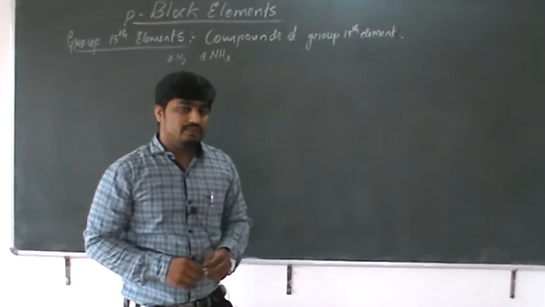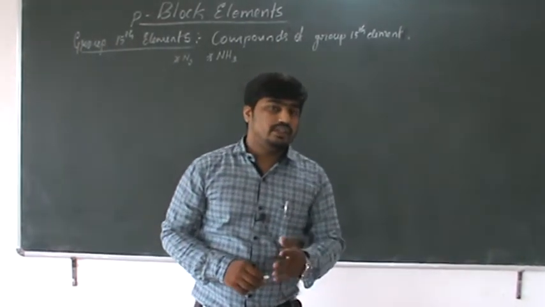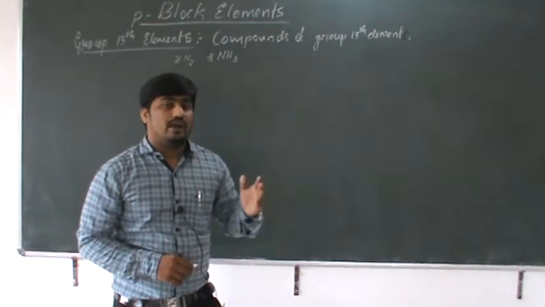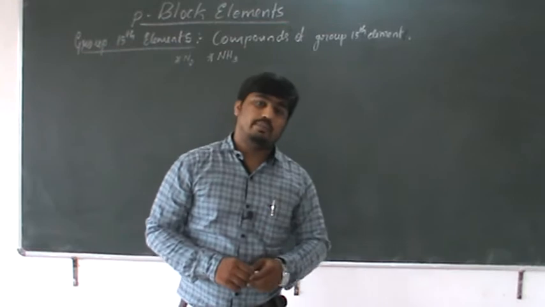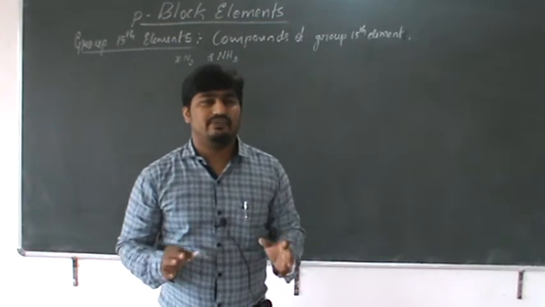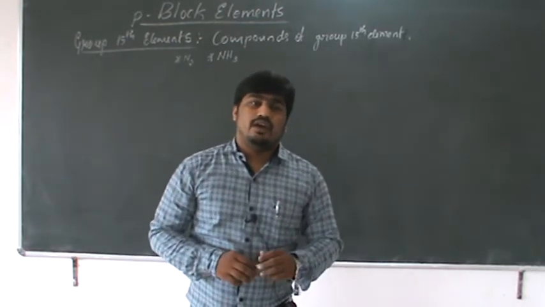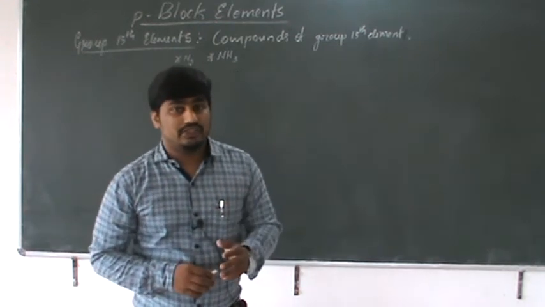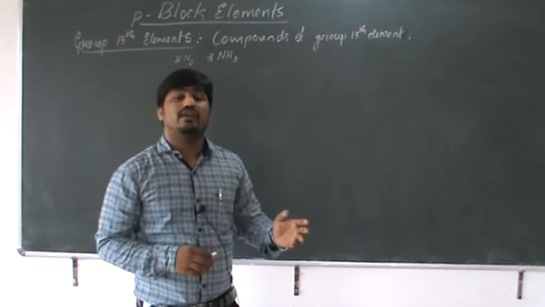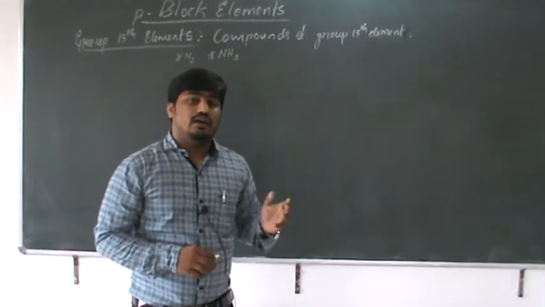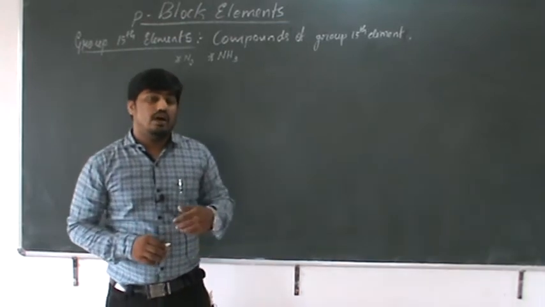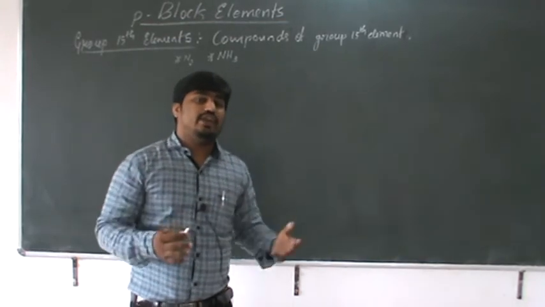Under the preparation method of ammonia, the very important thing is the manufacture of ammonia by Haber's process. That part is very important. That includes the important conditions required to prepare a large quantity of ammonia.